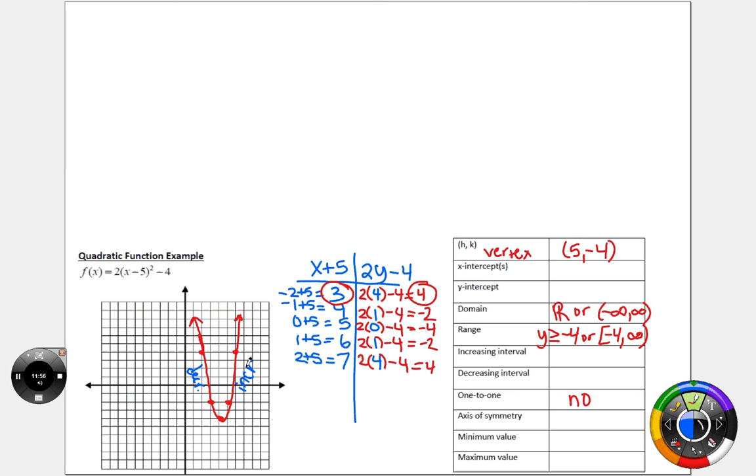But remember, when we name them, we have to name them according to the domain, the x values across the graph where this is happening. So if this is the increasing interval, what are the domain values for which that has happened? Which x's on the x-axis line up with this thing that you have called increasing?